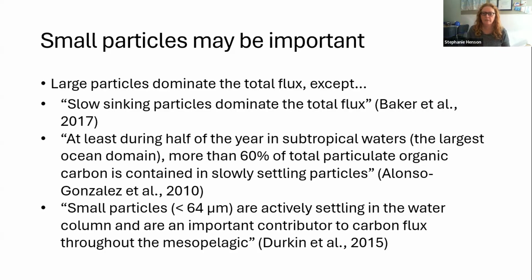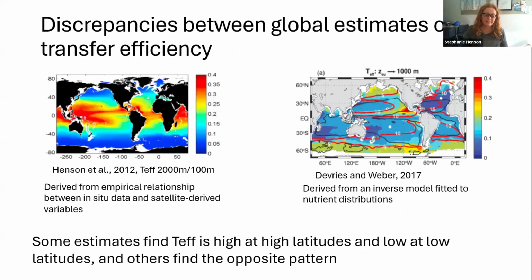And another motivation for doing this analysis, although we can't actually address it directly with what we're going to do for a reason I'll explain later as we go along, is this long-standing discrepancy between different spatial patterns in global estimates of transfer efficiency, where transfer efficiency is the ratio between POC flux at a certain depth, say 1,000 meters or 2,000 meters, versus a much shallower depth, often 100 meters or the base of the photic zone.